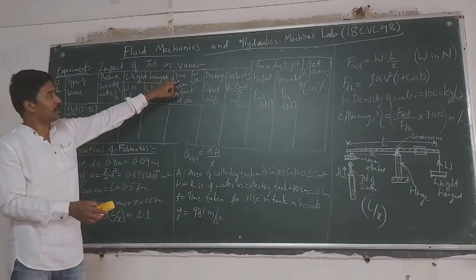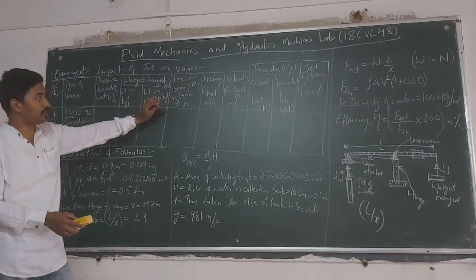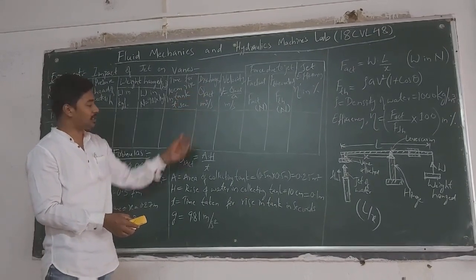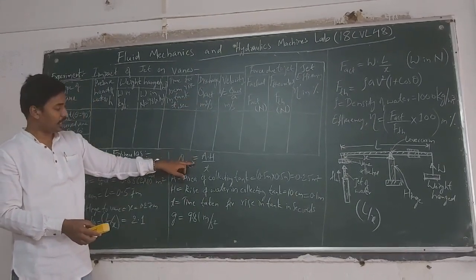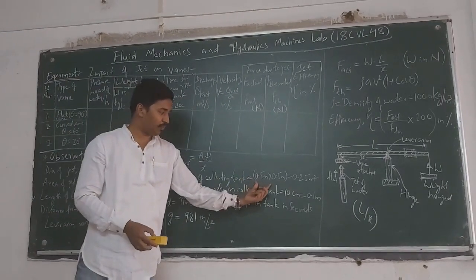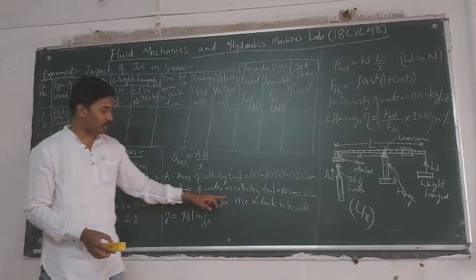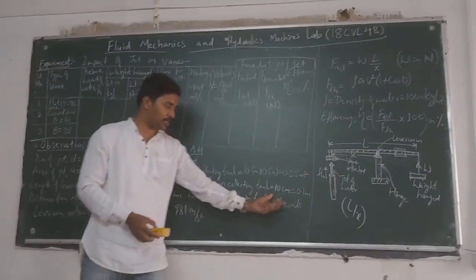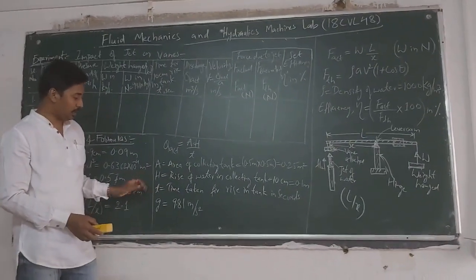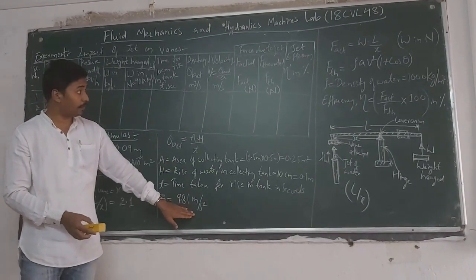For that we will initially take the time for a 10 centimeter rise as t seconds, after which we will calculate the actual discharge using the formula Q actual equals A into H by T, where A is the area of the collecting tank with size 0.5 by 0.5 meter, that is 0.25 meter square, H is the rise of water in the collecting tank, that is 10 centimeter or 0.1 meter, and T is the time taken to fill that 0.1 meter. G is the acceleration due to gravity, which we will use as 9.81 meter per second square.